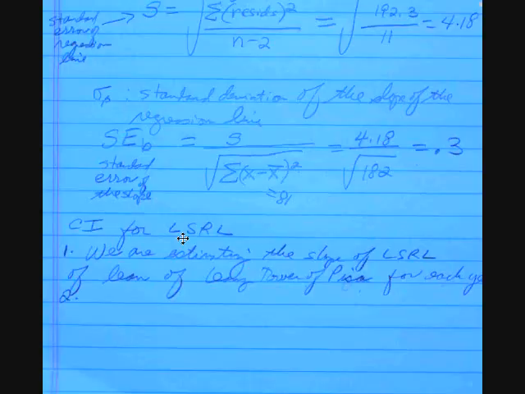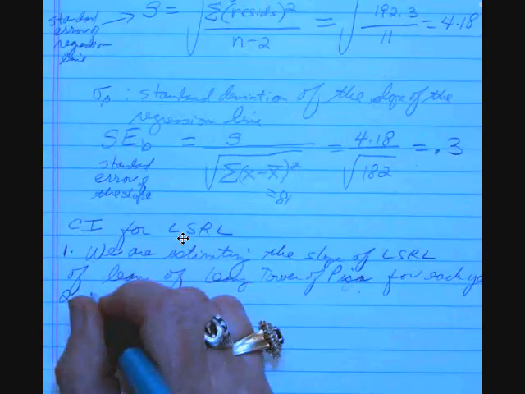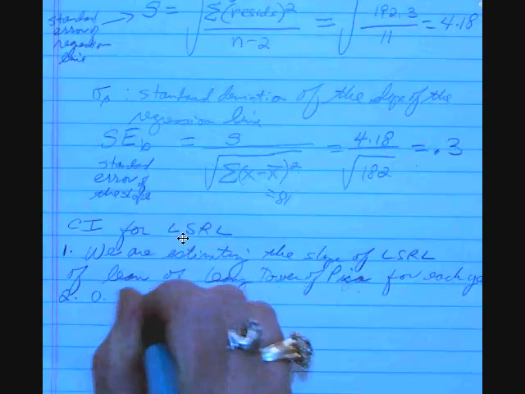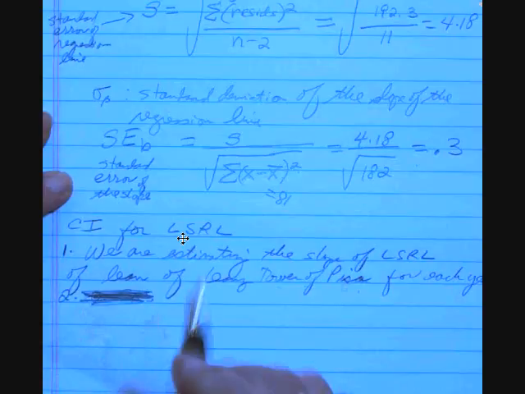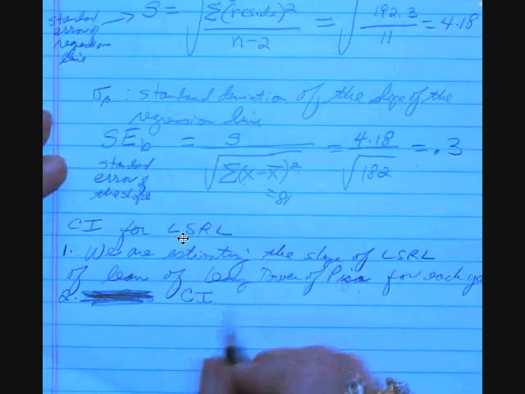So, all right. My conditions. One condition I didn't give you yesterday, and I kind of glossed over, was SRS. So I'm going to call that condition number 0. Oh, wait a minute. I didn't name my procedure. We're doing a confidence interval. Let's do 95%.